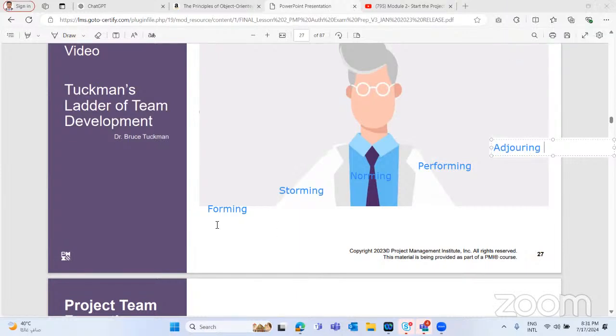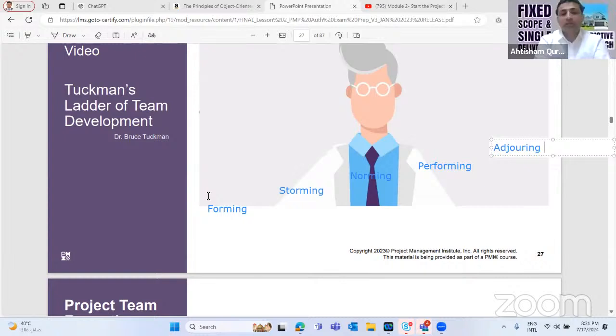Yes, sir. So now, if you ask me what are the characteristics of a forming team, I would say they are lost and they need direction, right? So the project manager has to provide them the direction. What are the characteristics of the storming stage? They will fight. There will be conflict, and the project manager has to manage it.